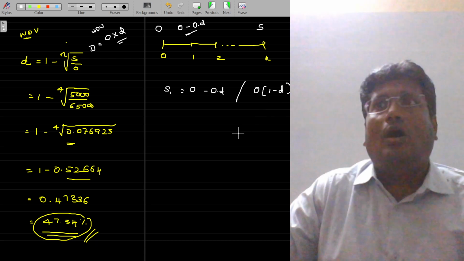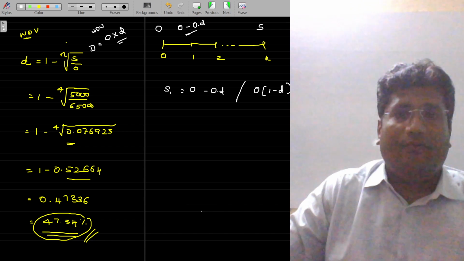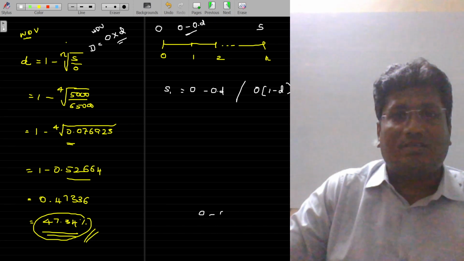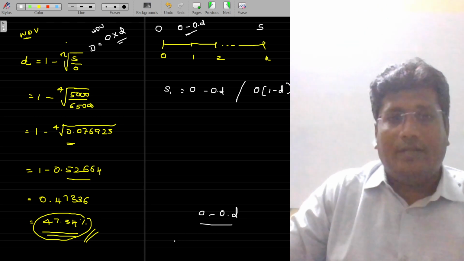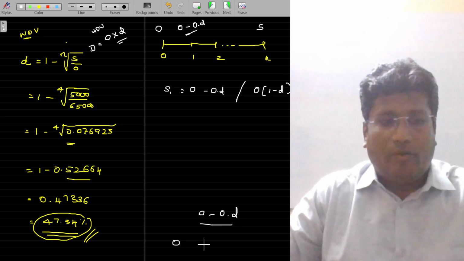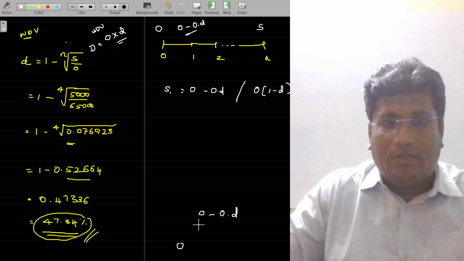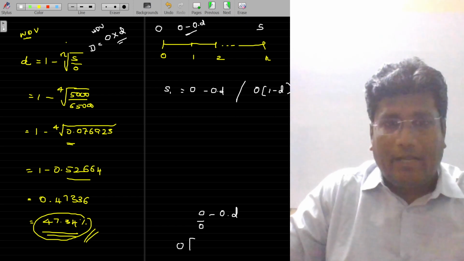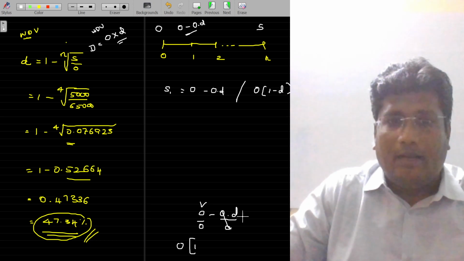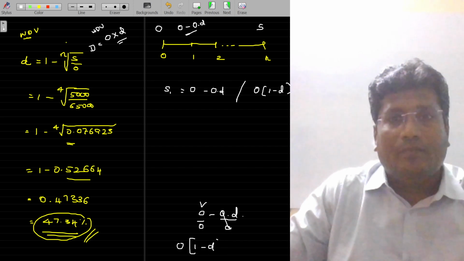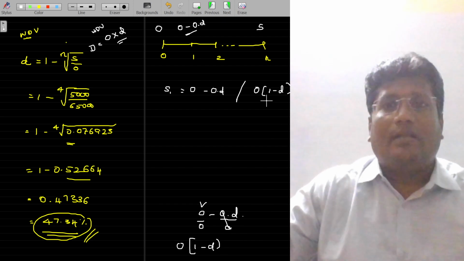Don't panic if you are non-mathematical students. It's very simple. O minus OD, where I am taking O out means this O is divided by O. Then open the bracket. This O divided by O is nothing but 1. This O into D divided by O gives D. So minus D. That is the logic we get.